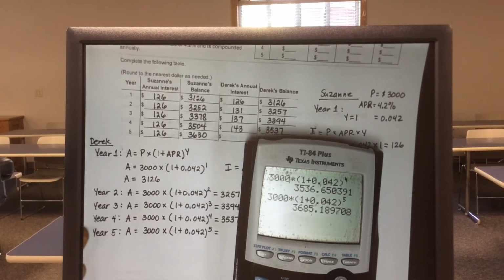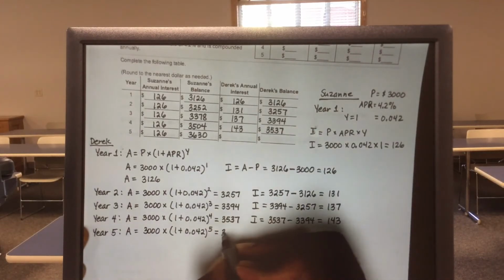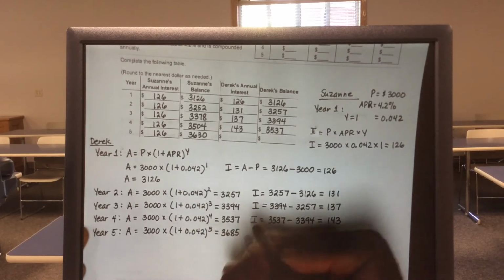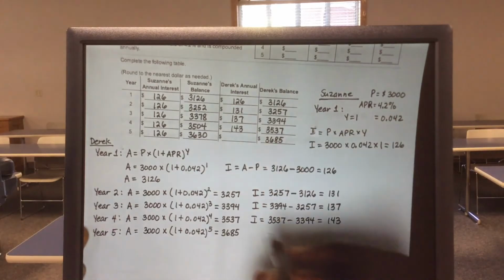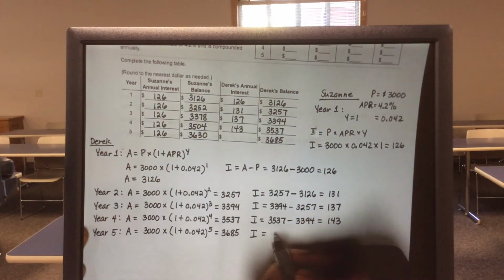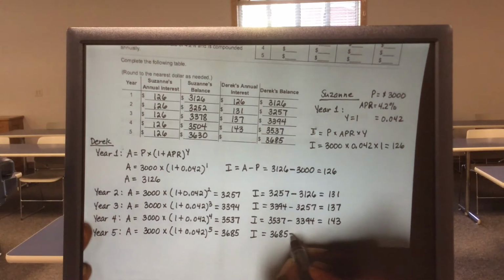And then to the nearest dollar would be $3,685. And to find out what that interest is, take the $36.85, subtract the amount that was at the end of the 4th year, $35.37. So this will end up being $148.